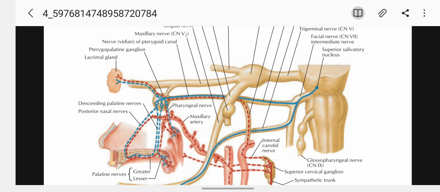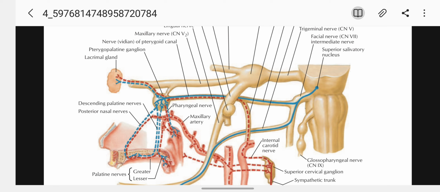From there the postganglionic parasympathetic fibers arise. They join with the maxillary nerve, which is suspending this pterygopalatine ganglion. They go along with the maxillary nerve, its zygomatic branch, and through the zygomaticotemporal branch, it gives a communicating branch to the lacrimal nerve.